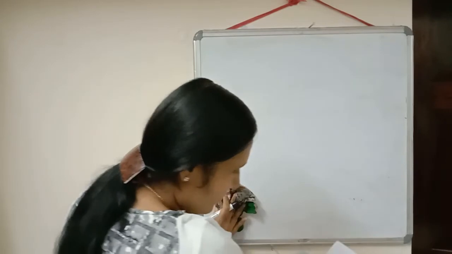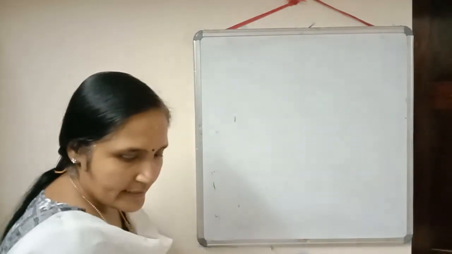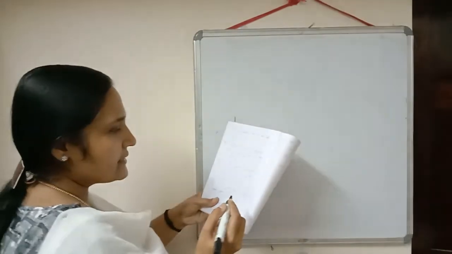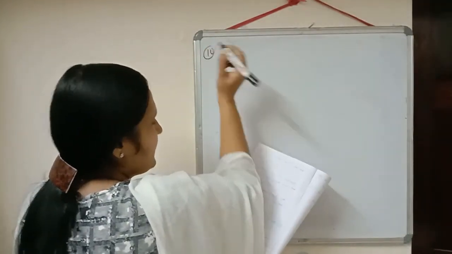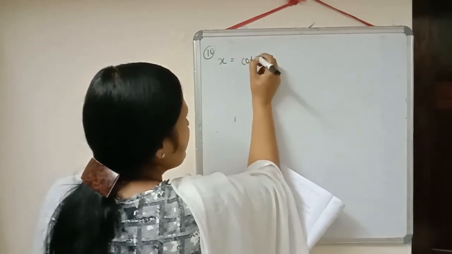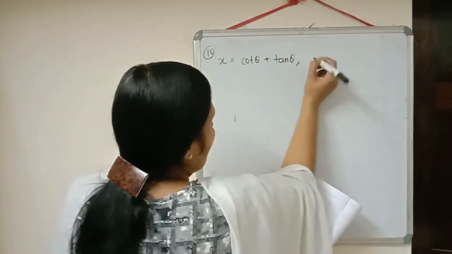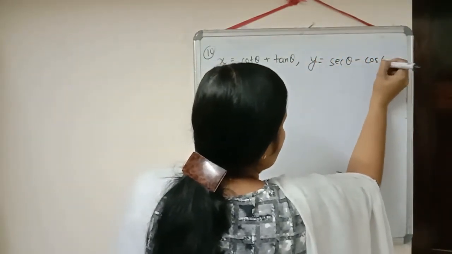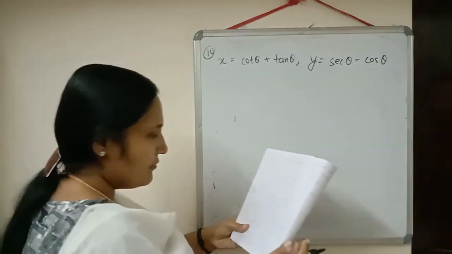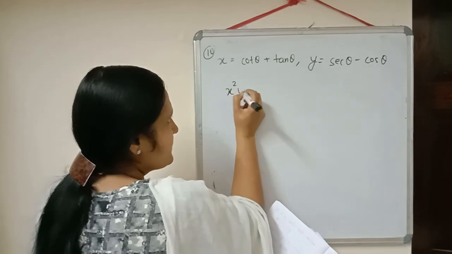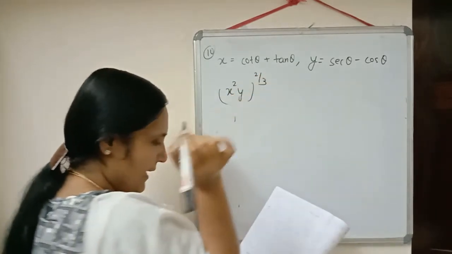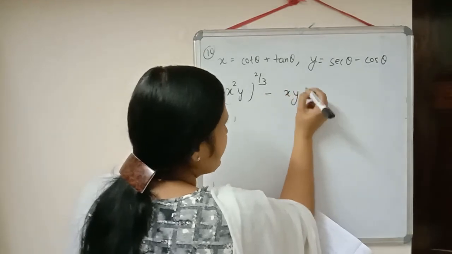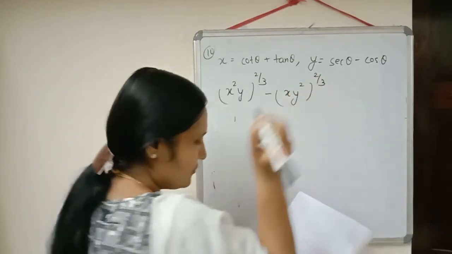If x is equal to cot theta plus tan theta, y is equal to sec theta minus cos theta, prove that (x square y) whole raised to 2 by 3 minus (x y square) whole raised to 2 by 3 is equal to 1.